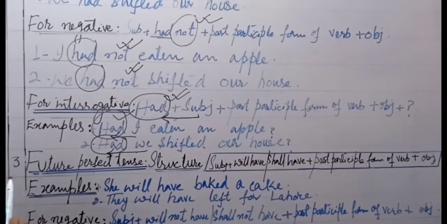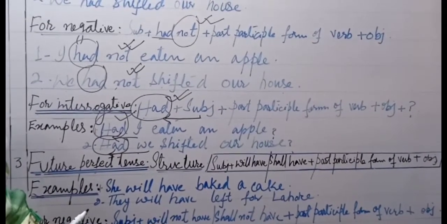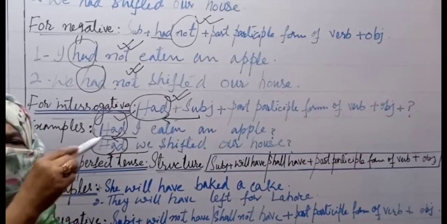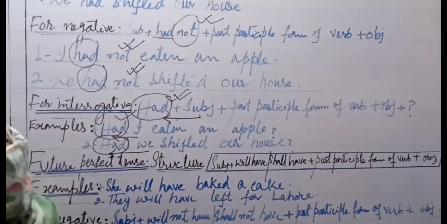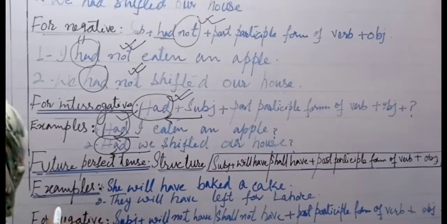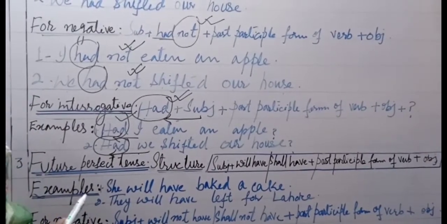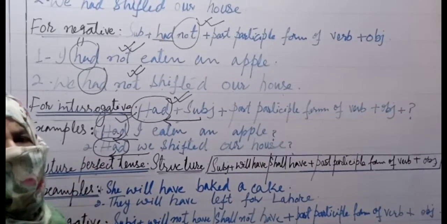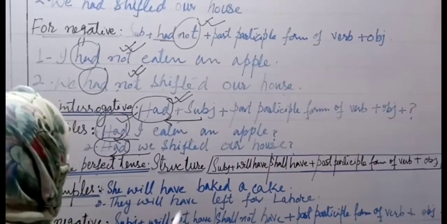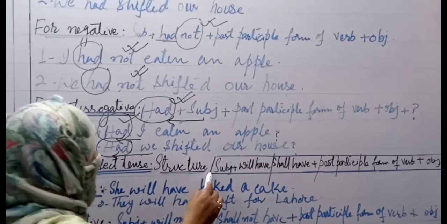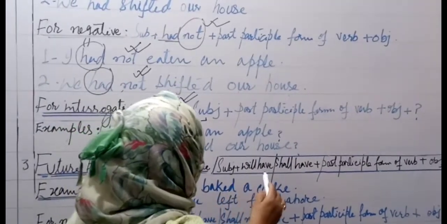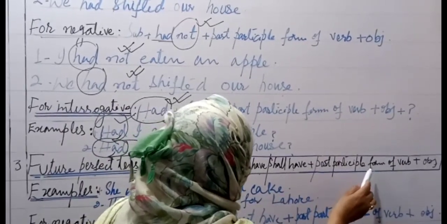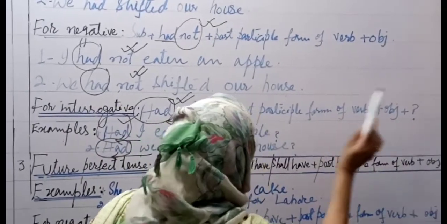Future perfect tense describes an action or work that will be completed in the future. Look at the structure. First we will write the subject, then "will have" or "shall have", then the past participle form of the verb, then the object.